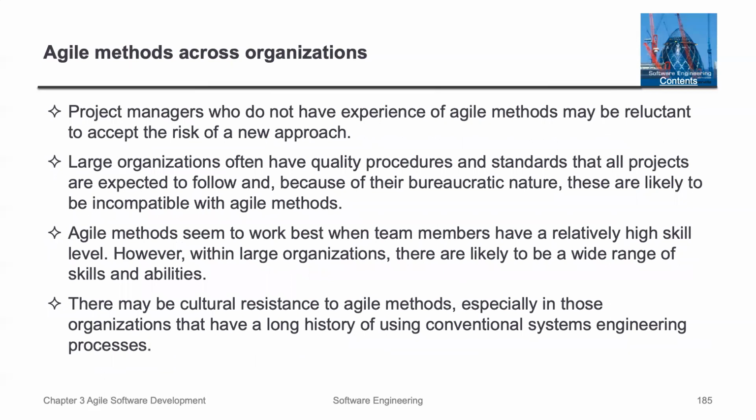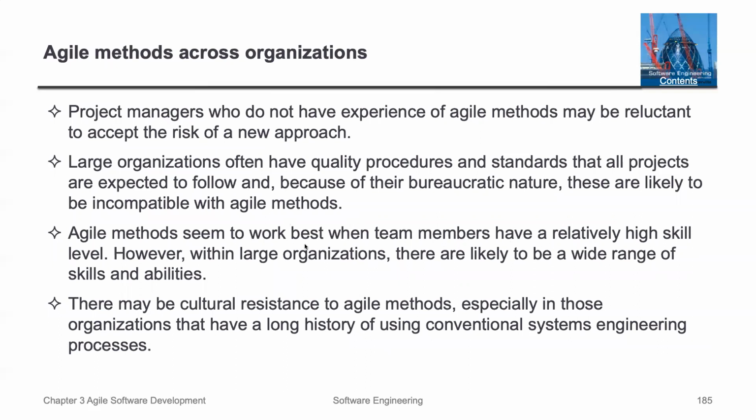So, Agile methods across organizations. Project managers who do not have experience in Agile methods may be reluctant to accept the risk of a new approach. Large organizations often have quality procedures and standards that all projects are expected to follow. Because of their bureaucratic nature, these are likely to be incompatible with Agile methods.